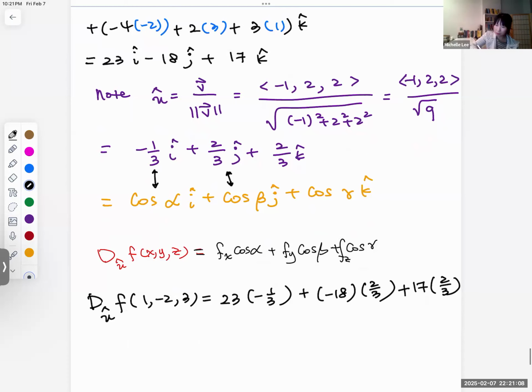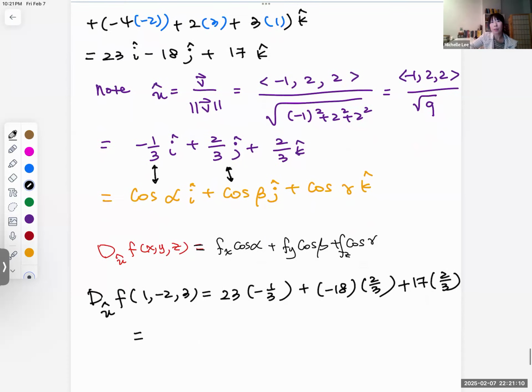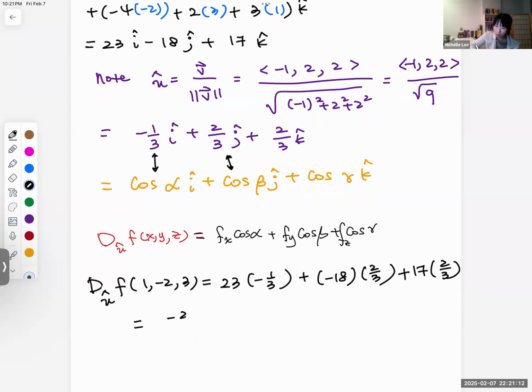Can you please calculate this one? What do you get? So this is negative 20 over 5. So this is a slope.